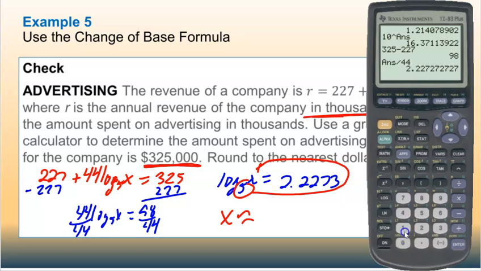Now since I already have it all in my calculator, I'm going to do 5 raised to and then hit second answer. This is going to give us about 36.0409.